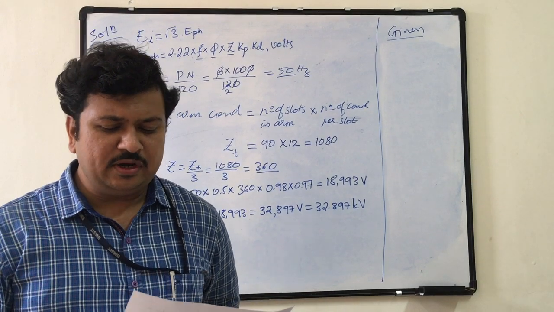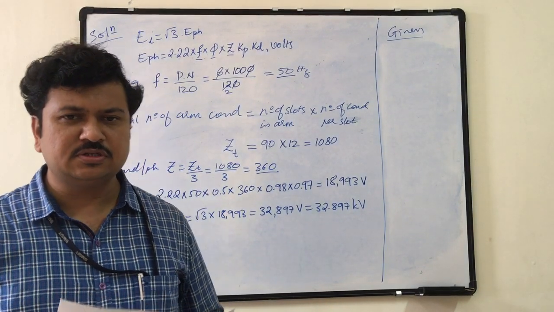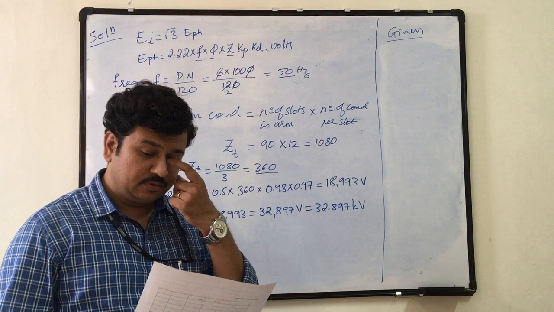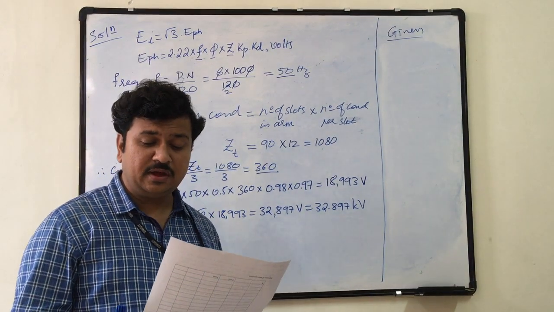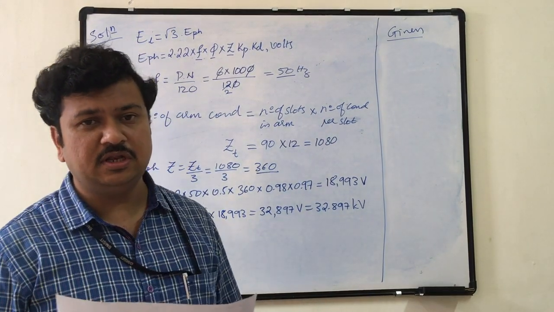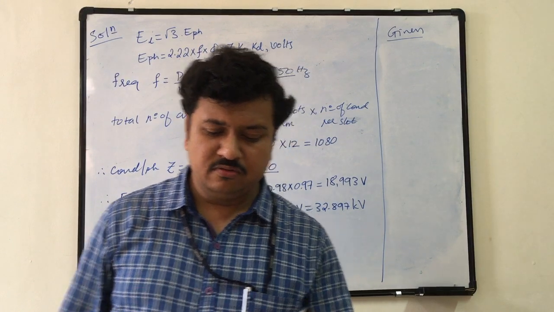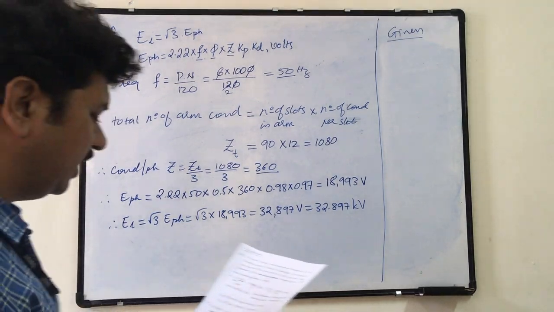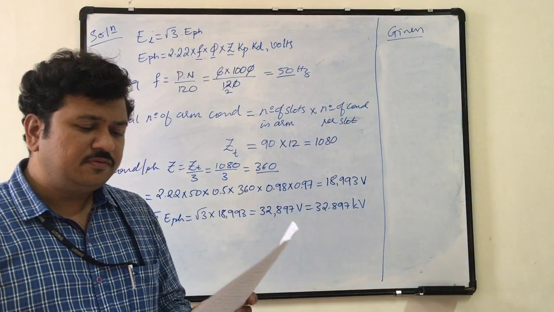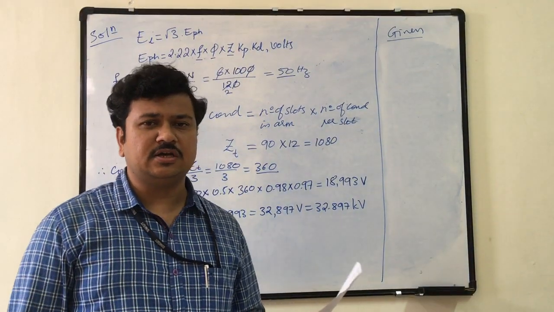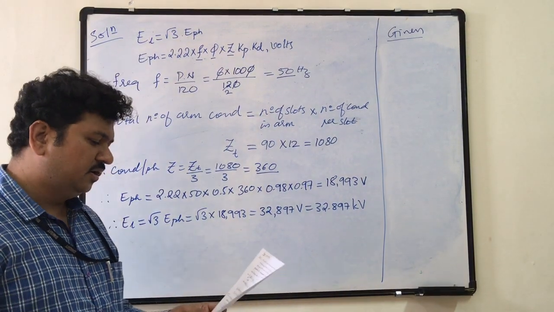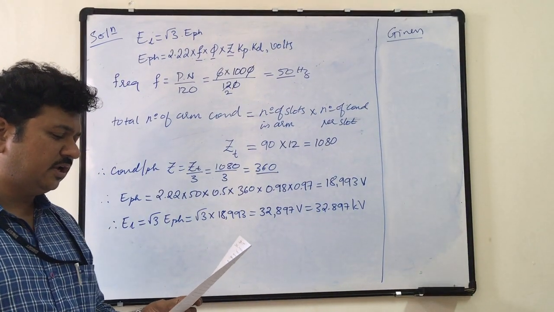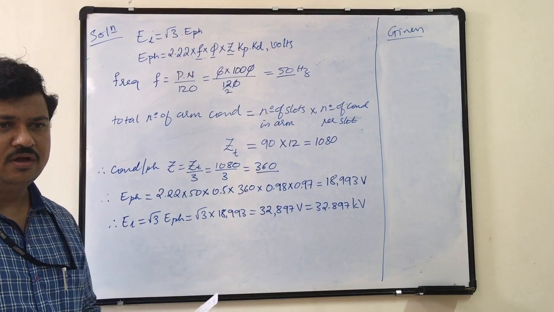A flux of 25 milliwebers is produced in each pole. Find the generated voltage if generator is star connected.